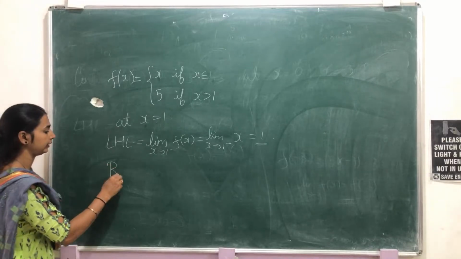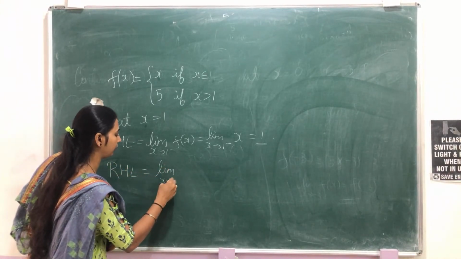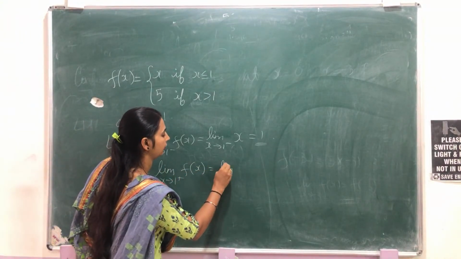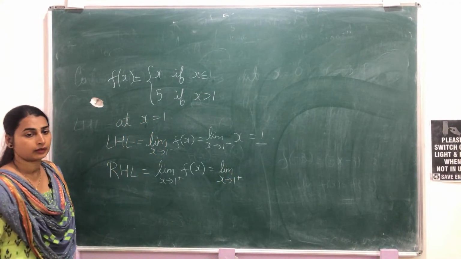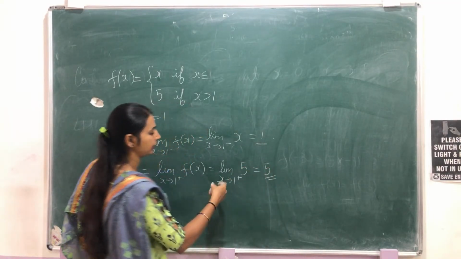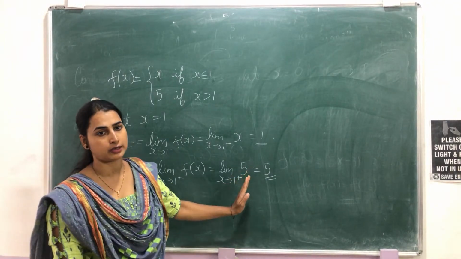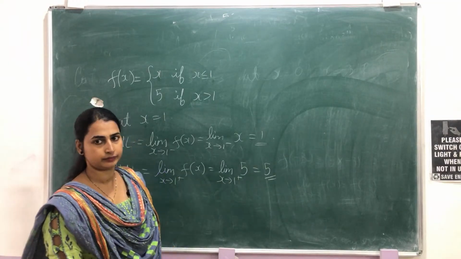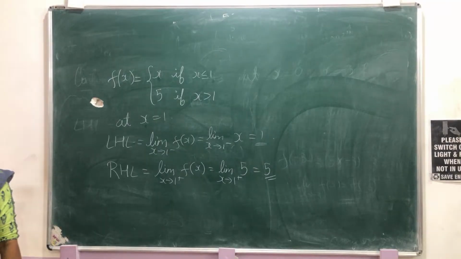Next, what is right hand limit? Limit x tends to 1 plus f of x, which is equal to limit x tends to 1 plus, what is f of x? 5. So this is nothing but 5. There is nothing to substitute x. If nothing to substitute, constant. Write the constant as it is. Got it? Whether it is equal, left hand limit equal to right hand limit?